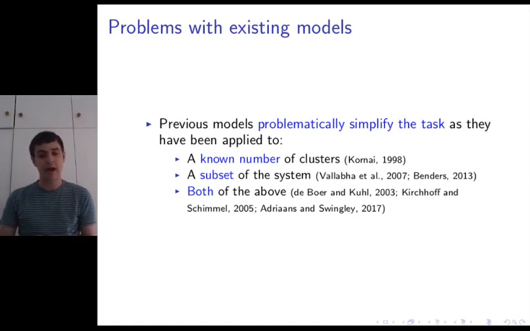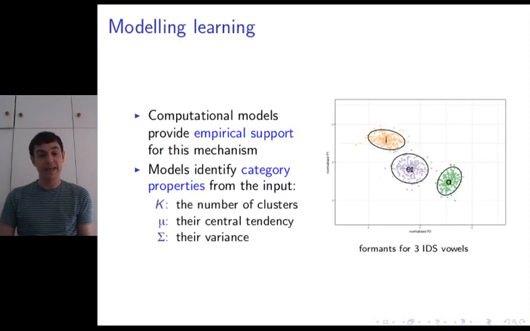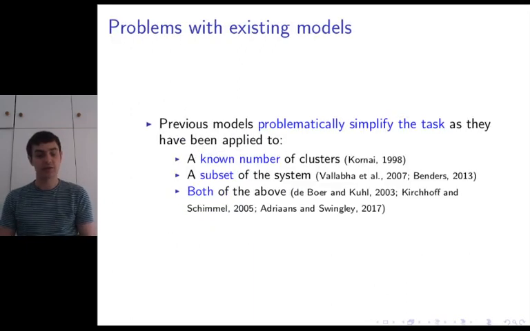If we look back at our tokens of E, A, and R, there are obviously some more confusable alternatives that learners would have to contend with in order to identify these three categories. And finally, there's a set of models that do both of the above. There are certain cases like De Boer and Kuhl where these models just learn E, U, and R, and they know that there should be 3 categories in this system in advance.